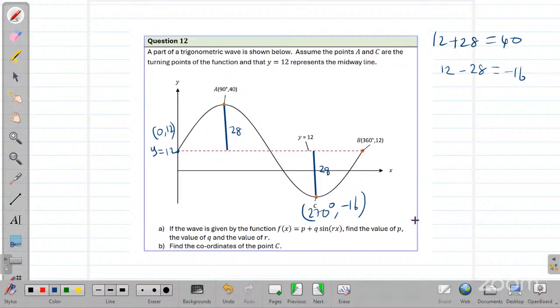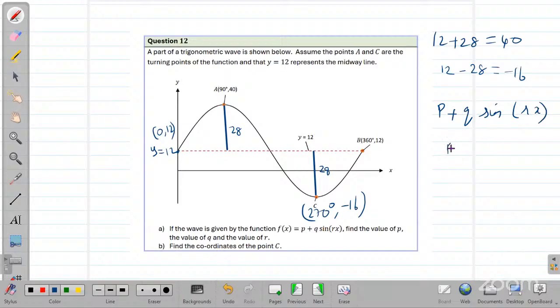Next, so I found out the answer for part B here. Now I have to represent this in the form of a function. Now, when x is equal to 0, we get the answer as 12. So p plus q sine rx.